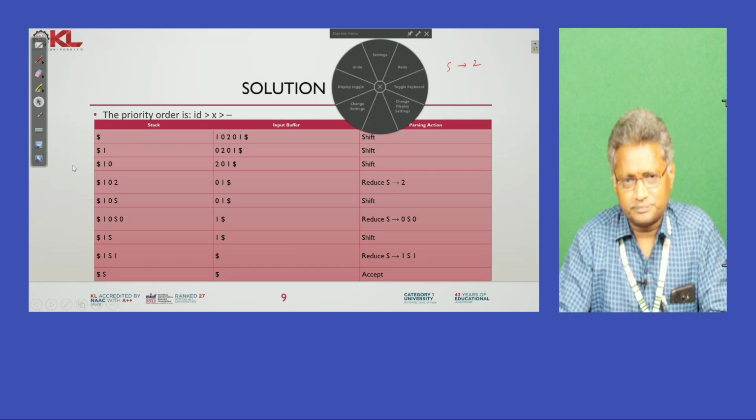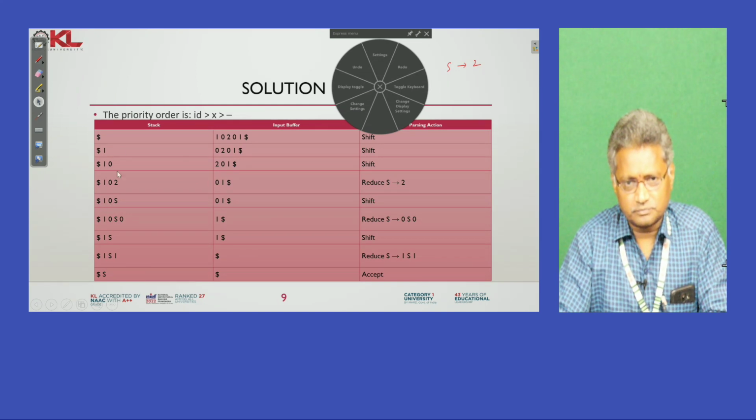That means the 2 is a handle, a substring, and it is replaced by the non-terminal on the left hand side, S. So the 2 is replaced by the S symbol.